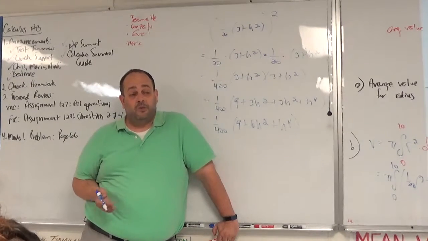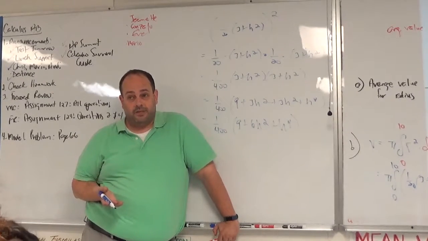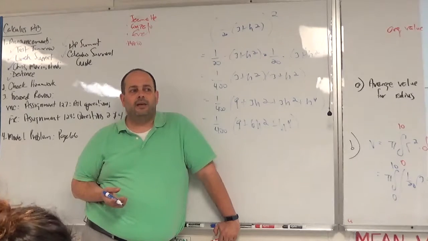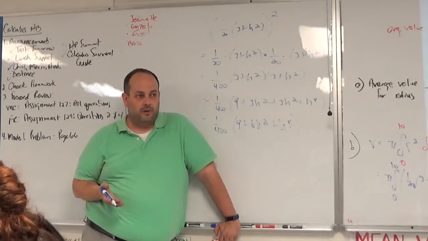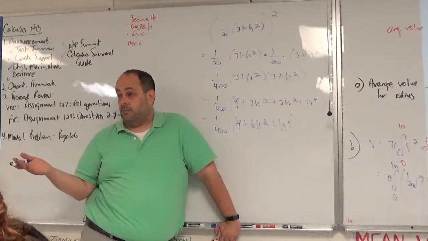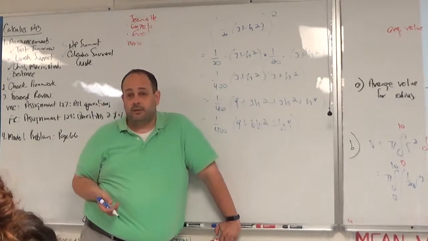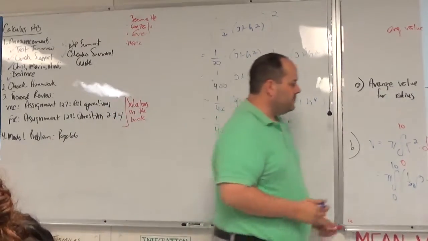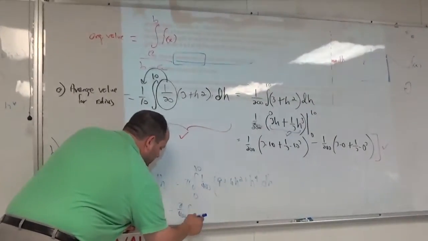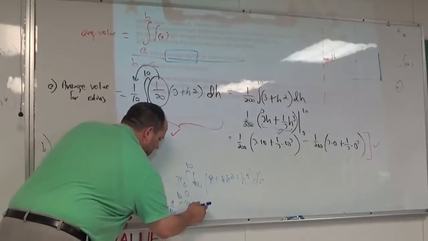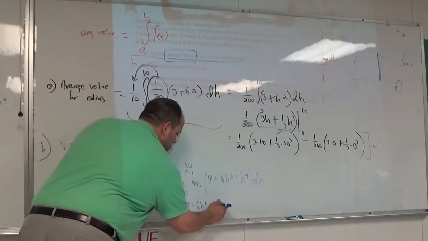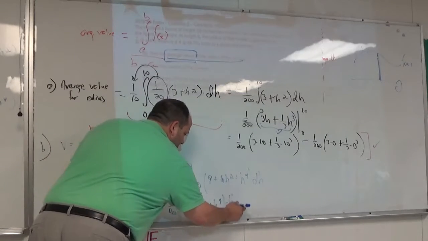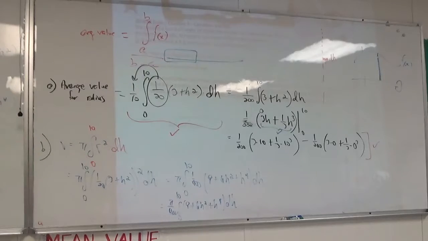You could distribute the 1 over 400 through the parentheses if you wanted to, but that is like the worst thing you could ever consider doing. Can you take it out? Of course you can take it out, it's a constant. Okay, if we could go back over there. So now you've got pi over 400 times the integral from 0 to 10 of 9 plus 6h squared plus h to the 4th dH. Finish it off.